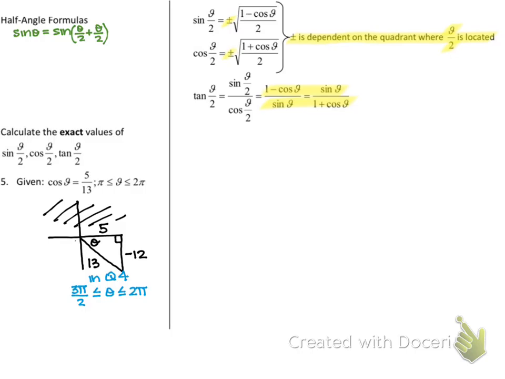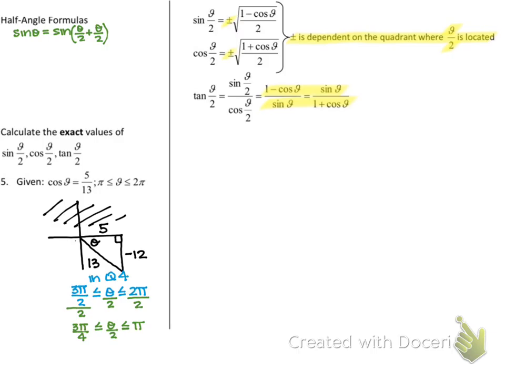I want to find where theta over 2 is located. So here's what I'm going to do. I am going to divide theta by 2. But then I have to divide everybody by 2. So I'm going to shrink all of them to a theta over 2. Okay, so this is going to give me a 3 pi over 4. This is going to give me a theta over 2, which is what I'm looking for, and that's going to give me pi.